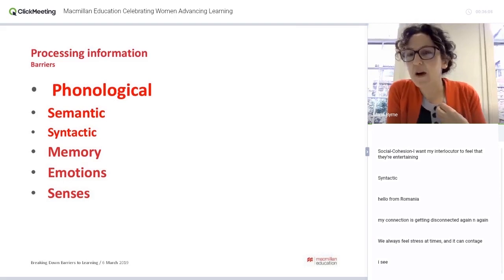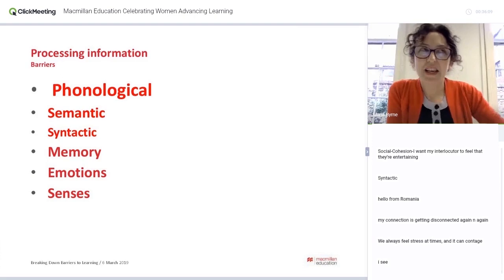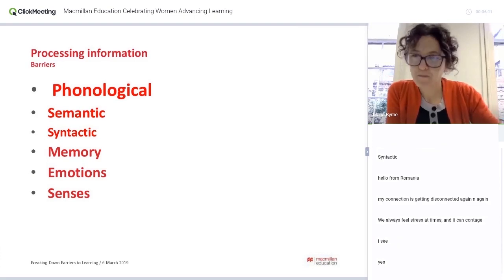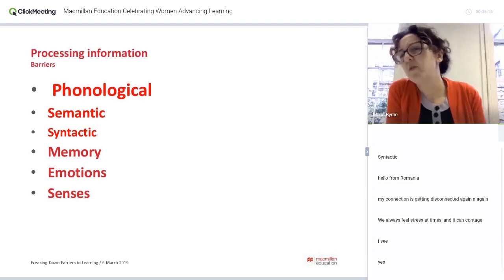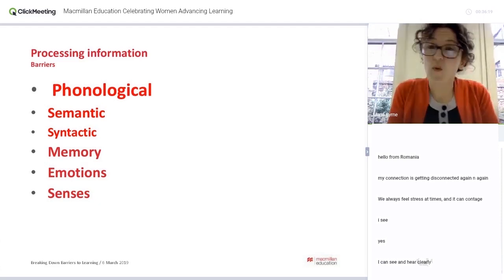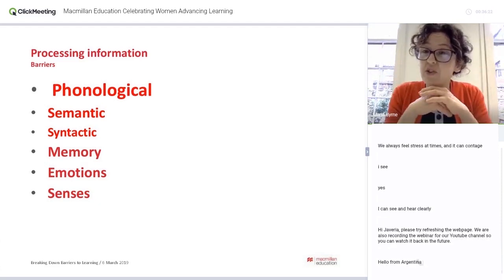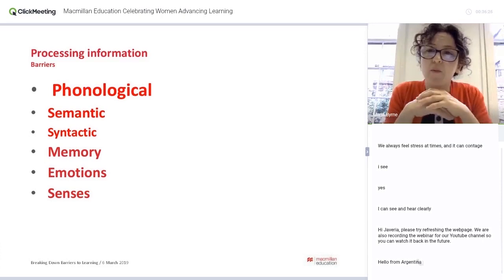And by understanding this, by thinking about our own issues and how we deal with them, it can help us understand our learners. So instead of just giving them more time to read or more time to do tests, what do they actually need help with? Is it that they're having phonological issues, or issues with their memory, and how can we help them with that?